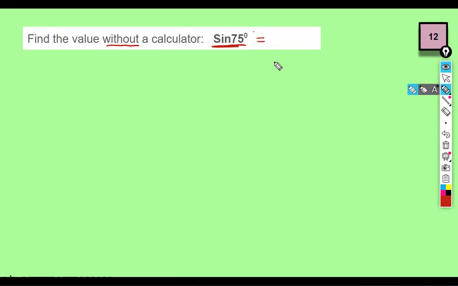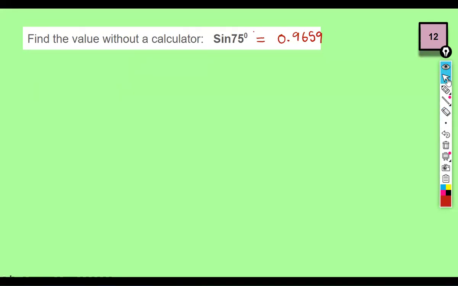Round it off to 2 decimal places, and make sure your calculator's on degrees mode. If you type in sine 75, I am getting 0.9659. Obviously, you could round it off to 0.97. So everyone should be seeing that on their calculator.